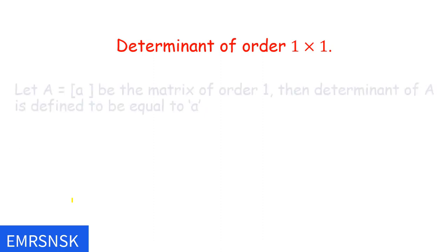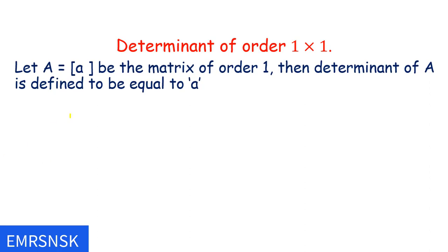Now we will see how to find the determinant of order 1 by 1. Suppose you are given a square matrix A which is of order 1, then the determinant of this matrix A is equal to simply that number A which is inside the matrix. For example, suppose we have a square matrix A of order 1 by 1.